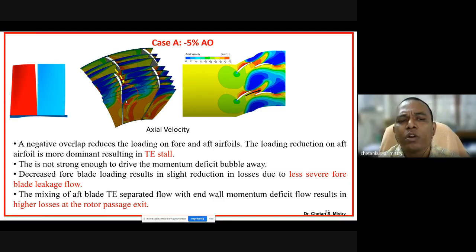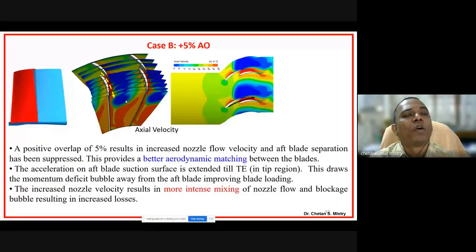Now you need to understand the meaning of this flow separation: it is unavoidable, because it is going to happen because of the presence of tip clearance. So we need to minimize the extent of this loss. This is counted as a loss, because this region will not give the pressure rise we are expecting. Then we explored 5%.